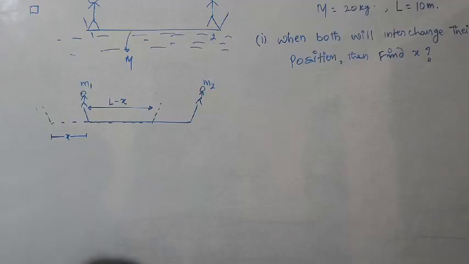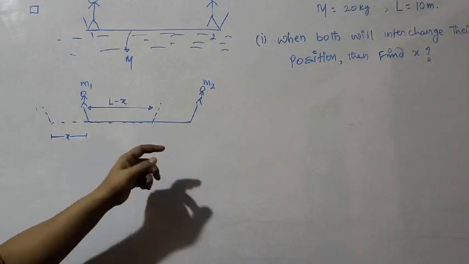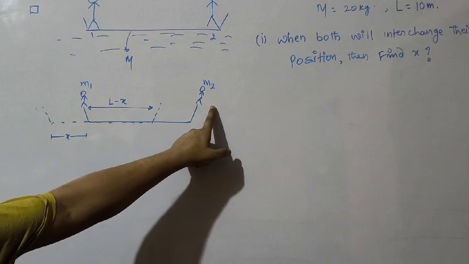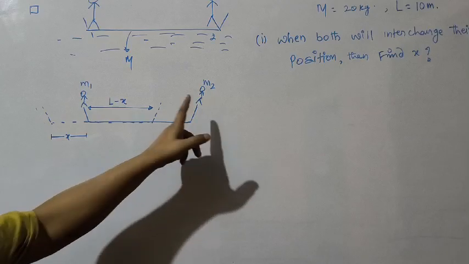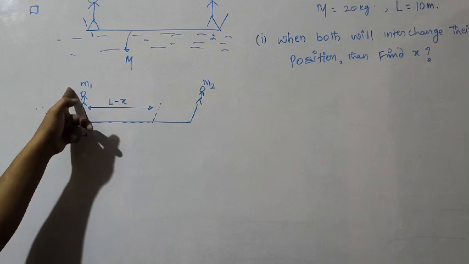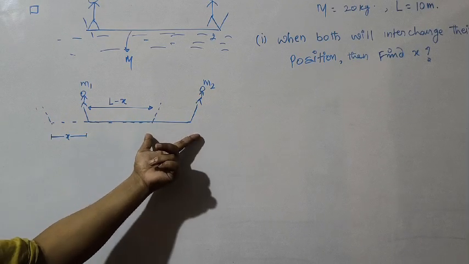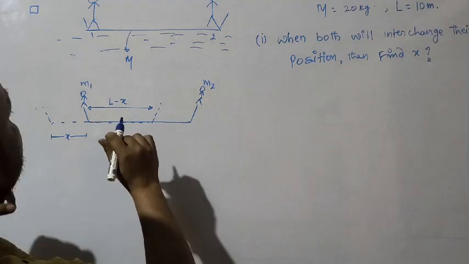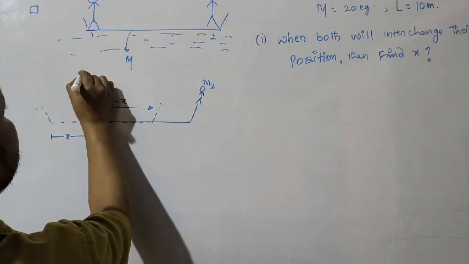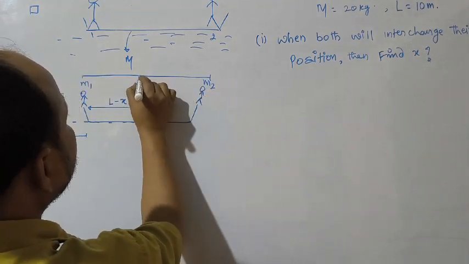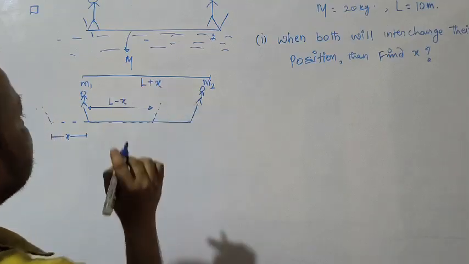L is given as 10 meter. Similarly, the distance traveled by m2 to reach the opposite end will be L plus x.